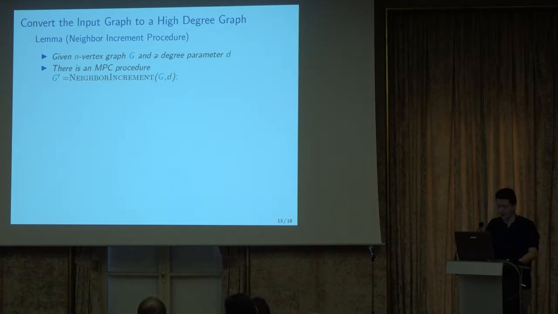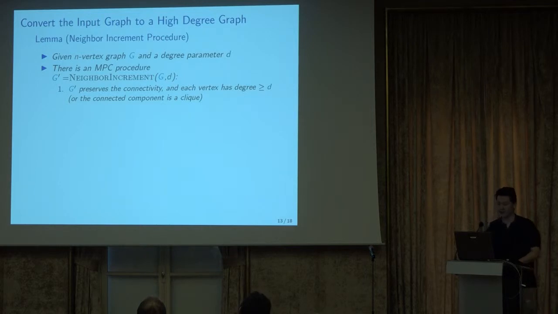And we can output a graph G prime such that G prime preserves the connectivity of the graph G, and each vertex in graph G prime has degree at least D. So it is a high degree graph. This procedure takes log diameter number of rounds, and the total space needed is just n times d squared. Notice that we only care about the total space for this procedure, and it can work for any local memory size.